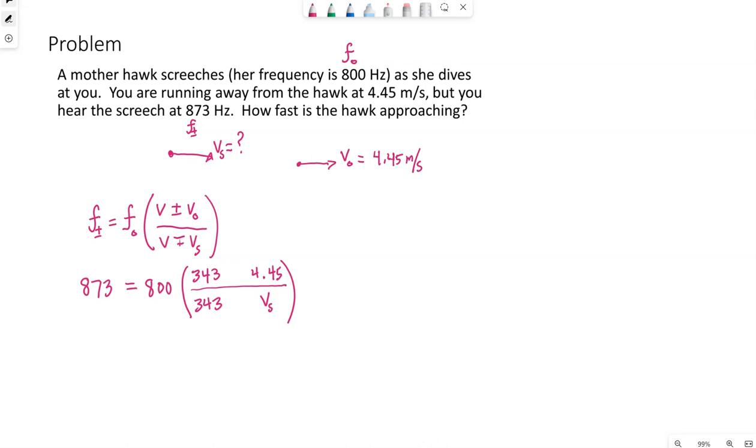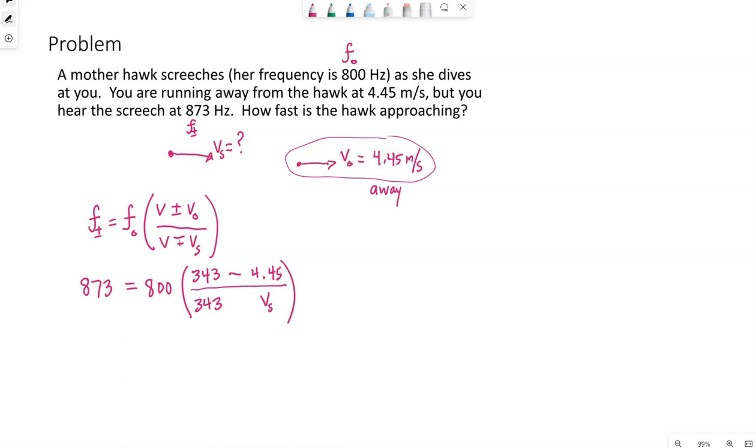Now, in terms of the signs, up here, the observer, we're traveling away from the hawk. So we need the bottom of the two signs listed in front of V sub O, the observer.